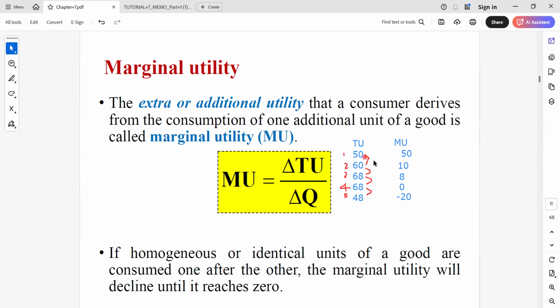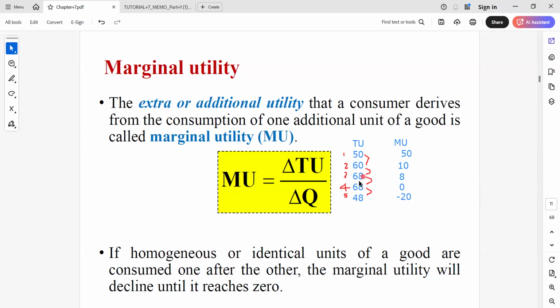You say 60 minus 50, you get 10. Then you consume your third burger, and the extra satisfaction that you get from consuming this third burger is 8. We say 68 minus 60, which is 8. Consume the fourth burger, your total satisfaction is still 68, meaning that you're not gaining any satisfaction from eating the fourth burger.